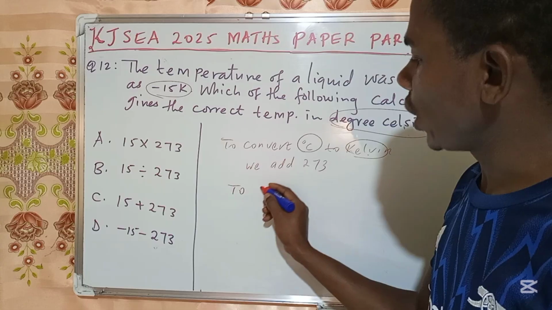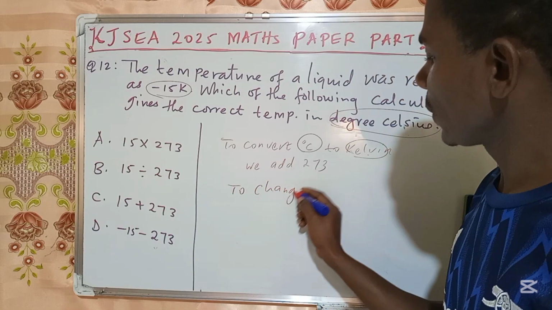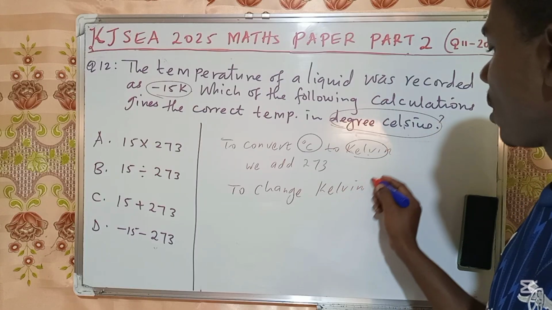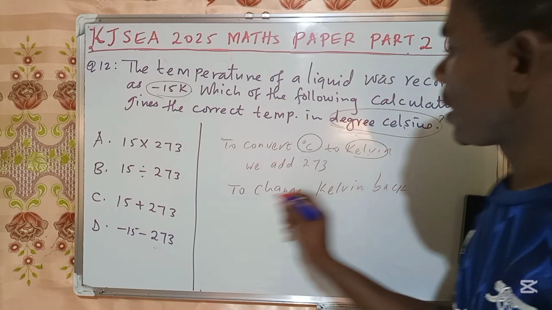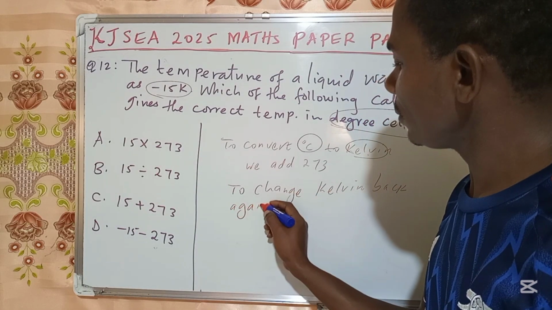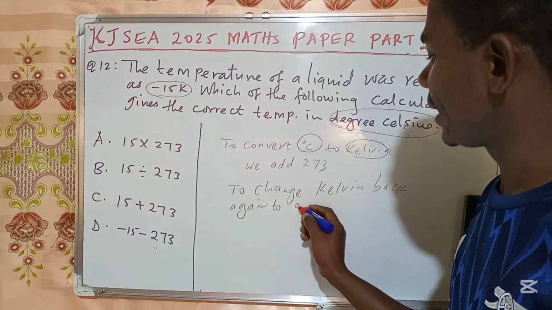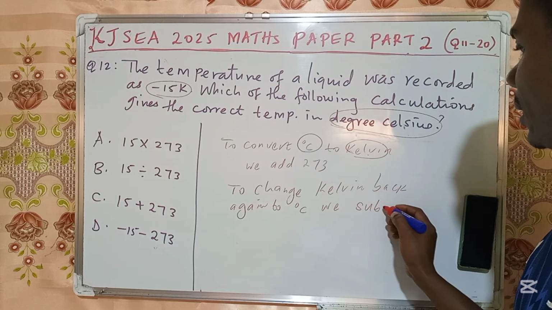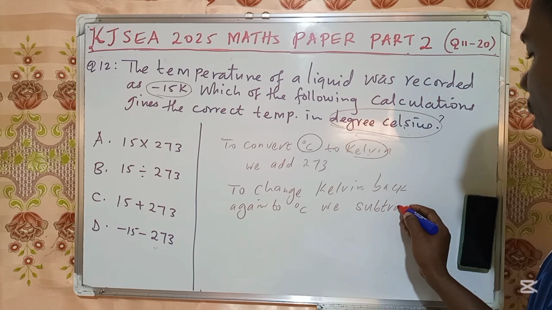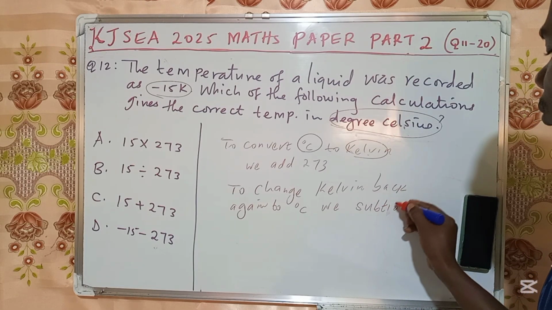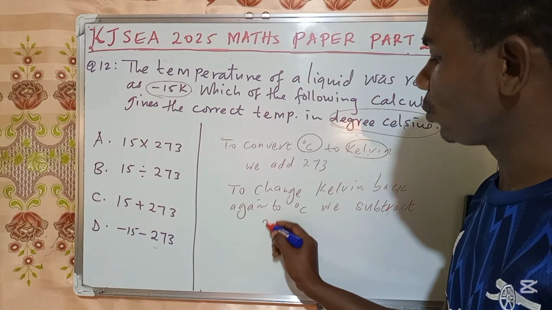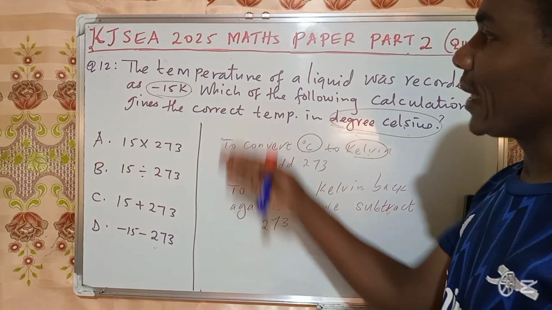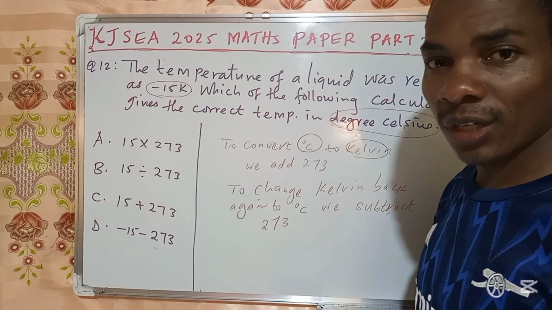Now to change Kelvins back again to degrees Celsius, what do we do? We subtract 273. Now with this information we can do our calculation very well.